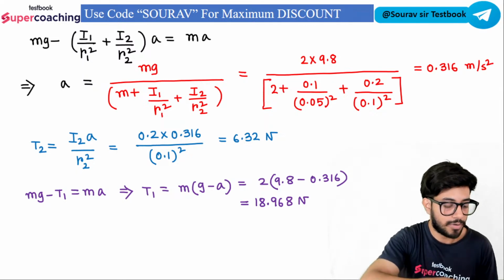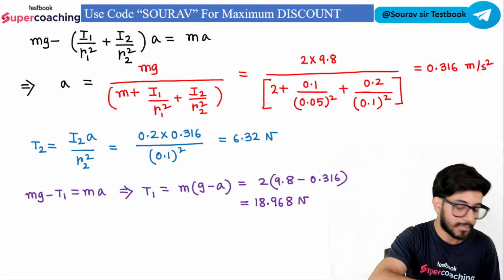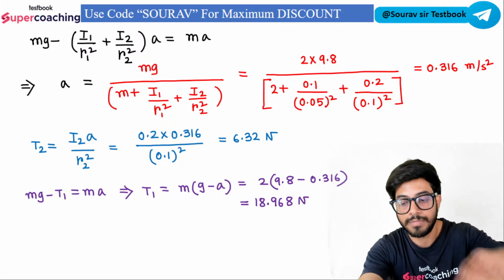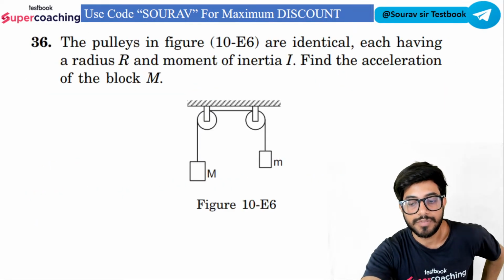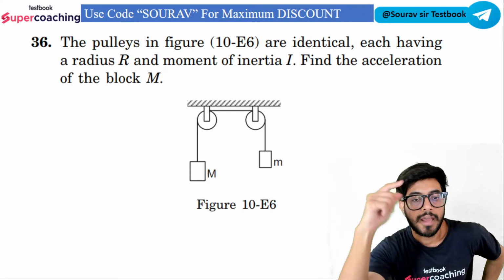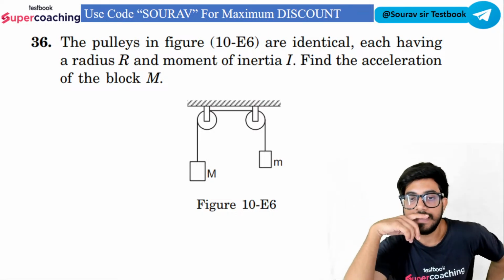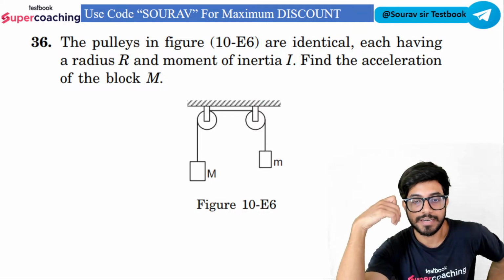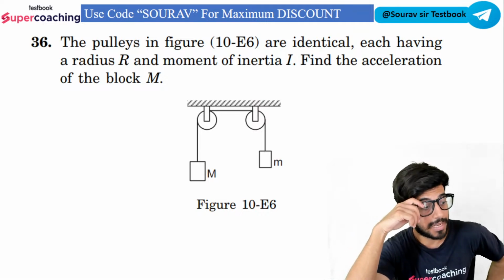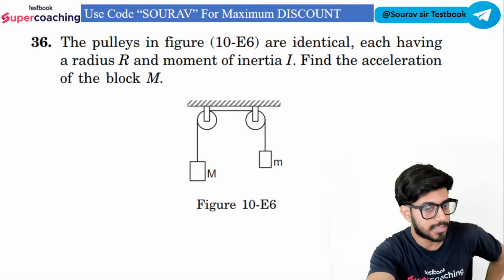So this question was a good question, right? It's understandable quite well. After this question we can solve another problem, that is this one. The pulleys in figure 10 E6 are identical, each having a radius r and moment of inertia I. Find the acceleration of the block of mass capital M. That's what they have asked.